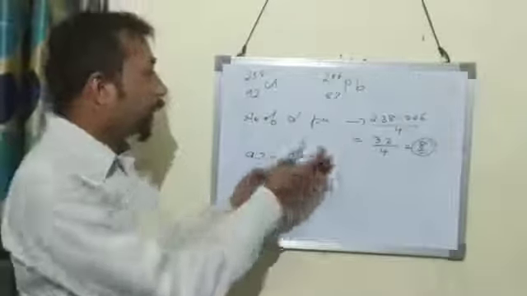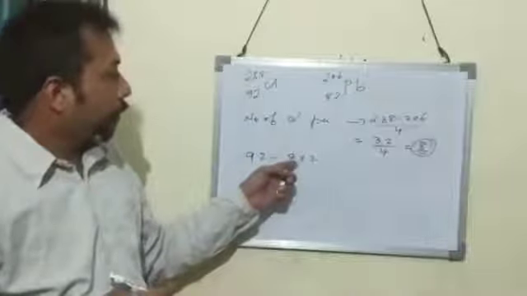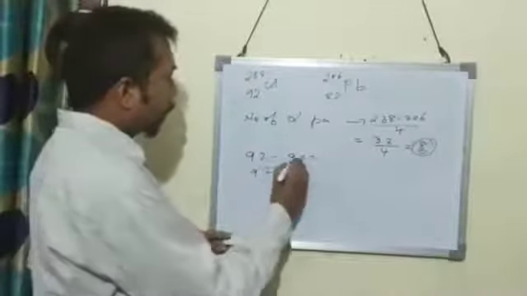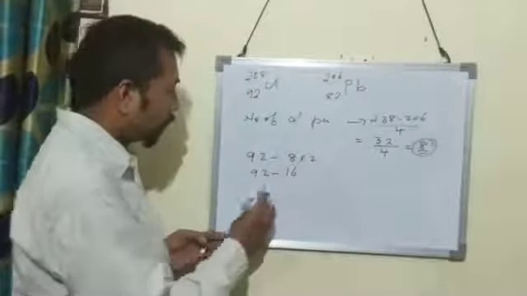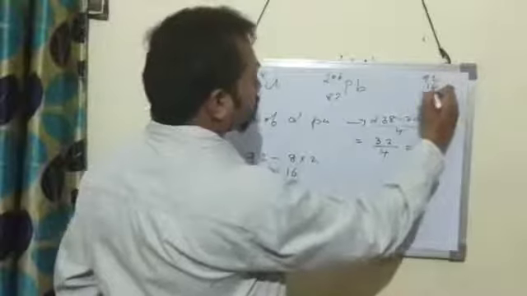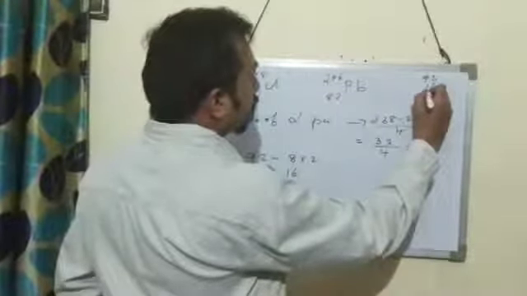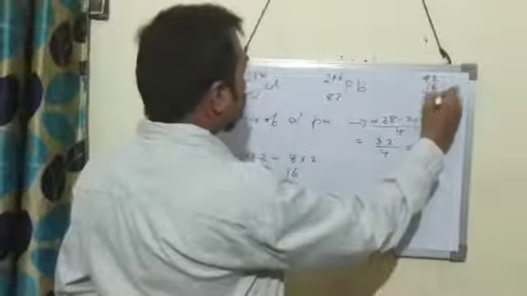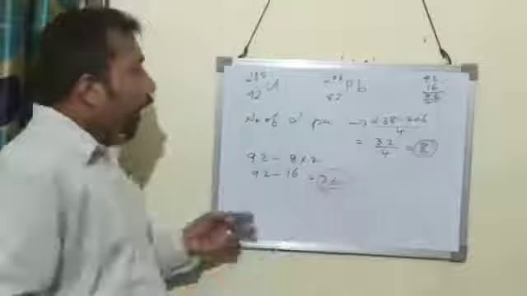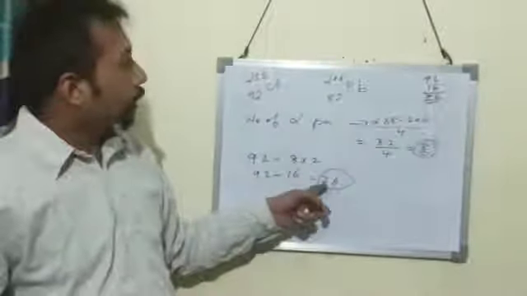So 92 minus 16, and it will be 76. After emission of 8 alpha particles, the atomic number will be 76.